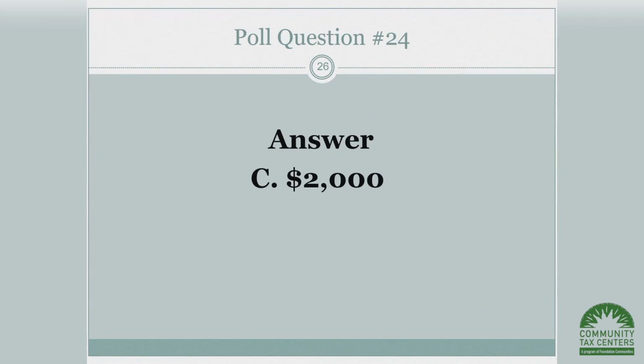The maximum contribution on the joint return is $9,500, $2,000 for Bob and $7,500 for Carol. But as long as they file a joint return, married taxpayers' combined IRA contributions cannot exceed their combined compensation. Okay?